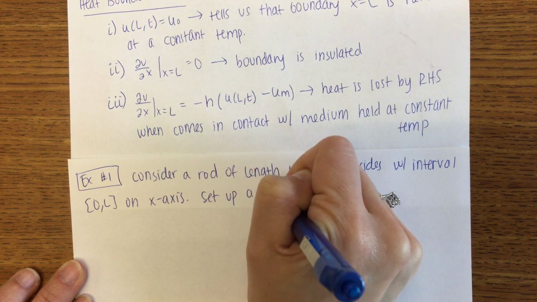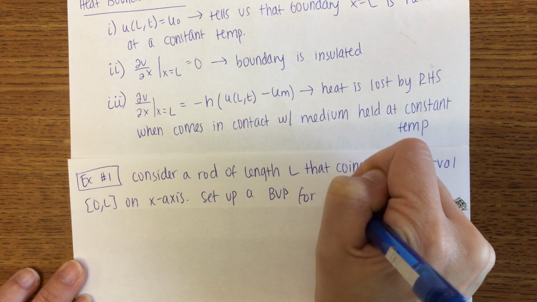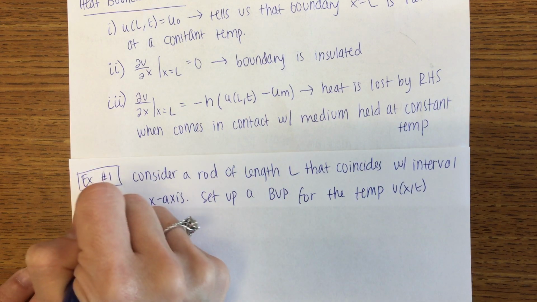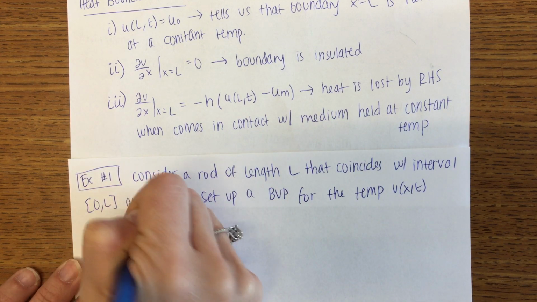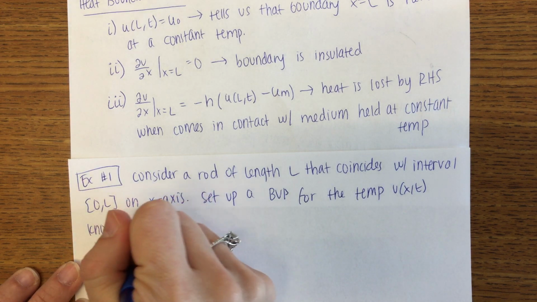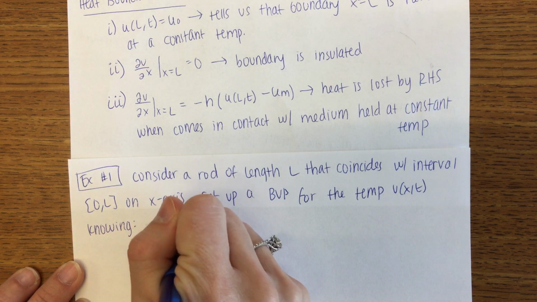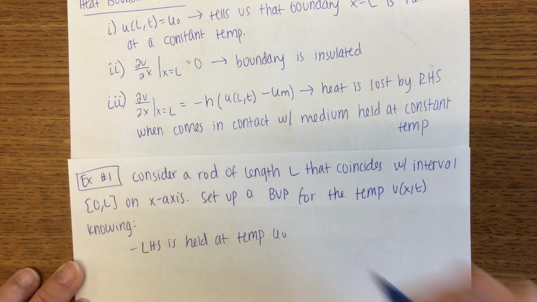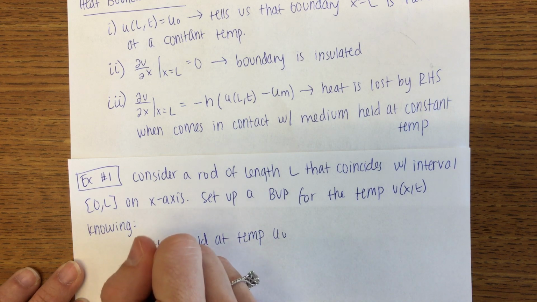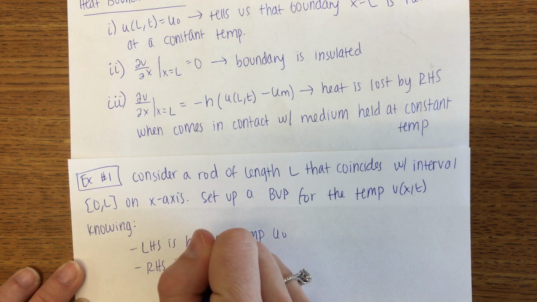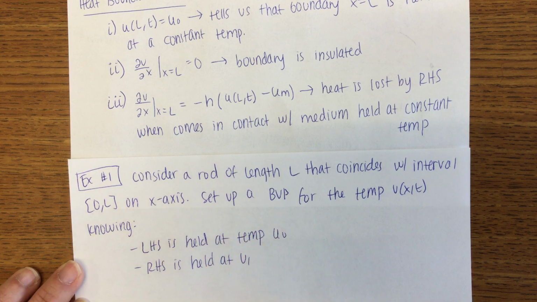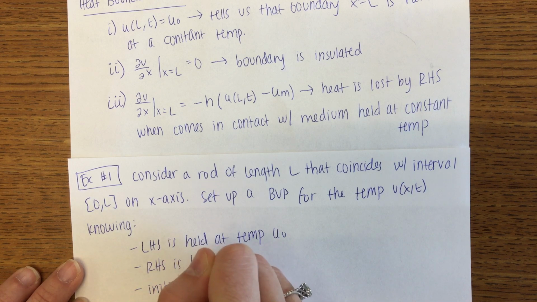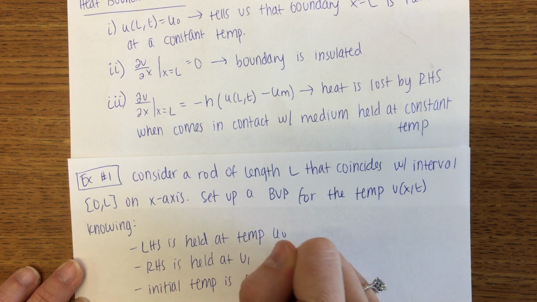Set up a boundary value problem for the temperature u of x, t, knowing the following. First, we know that the left-hand side is held at a temperature u sub 0. Right-hand side is held at u sub 1. And the initial temperature is 0 throughout.